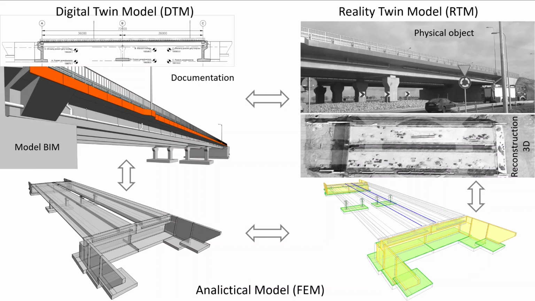For example, if defects, degradation, or discontinuities of the material, like cracks, are identified, the parameters of the FEM model are changed by reducing the moment of inertia, changing the elastic modulus, or introducing specific non-linearities.